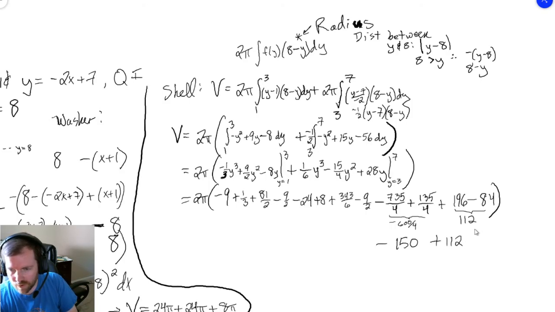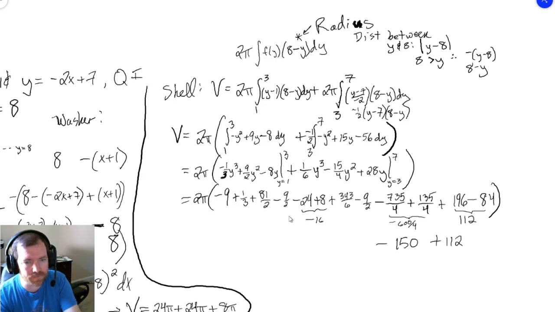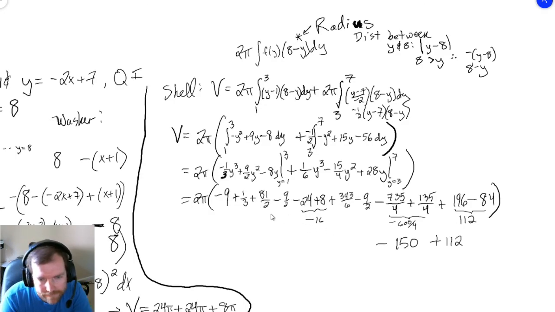Plus the 112 that we have from up here. Negative 24 plus 8 is a negative 16. Let's see. 81 minus 9 is 72 over 2 is 36.